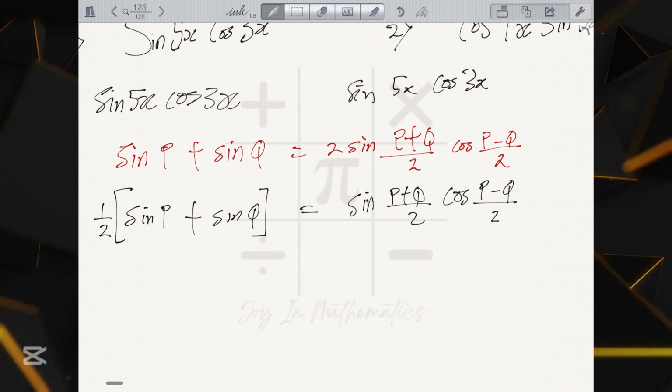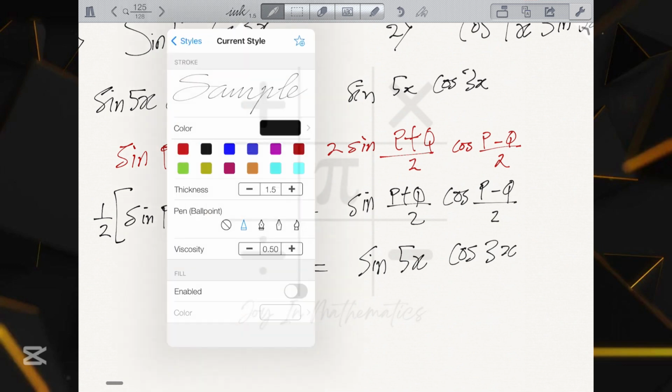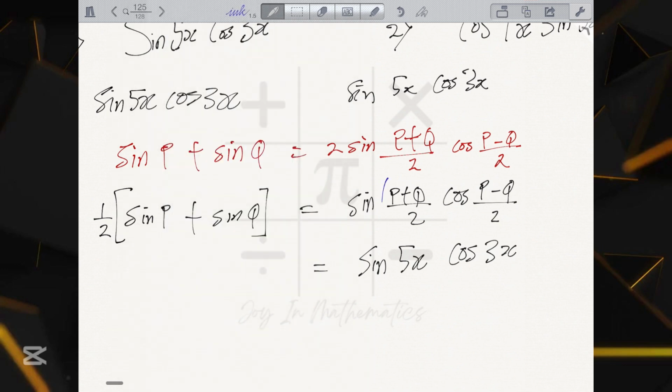So now we can make our comparison that this is sine 5x and the other is cos 3x. So with that, we'll understand vividly that P plus Q over 2 is equals to 5x and P minus Q over 2 is equals to 3x.